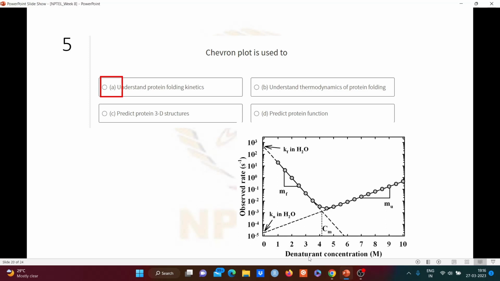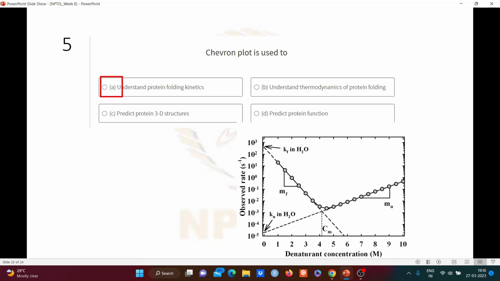This plot shows the rate of protein folding and unfolding as a function of denaturant concentration. Usually, urea or guanidine is used as a denaturant. The folding rate is measured as the rate constant for transition from unfolded to folded state, and the unfolding rate as the rate constant for the reverse transition, from folded to unfolded state.